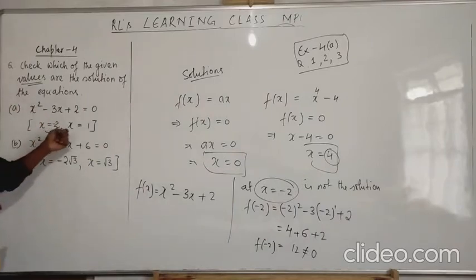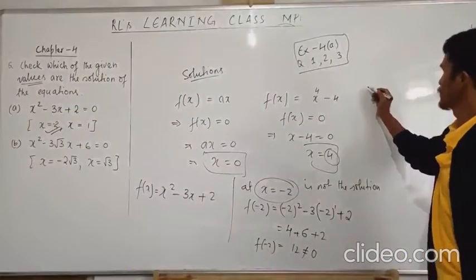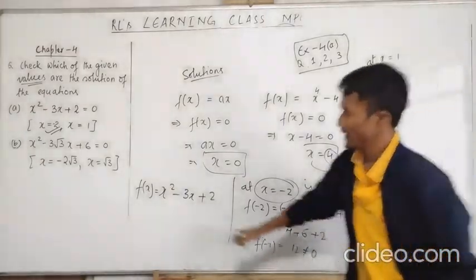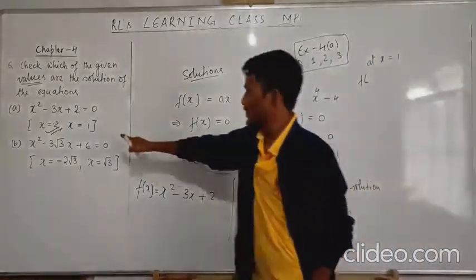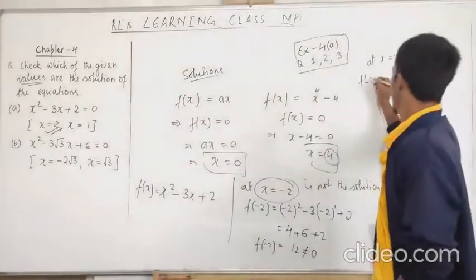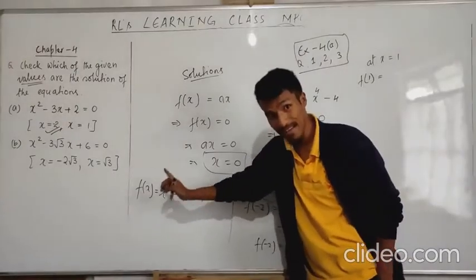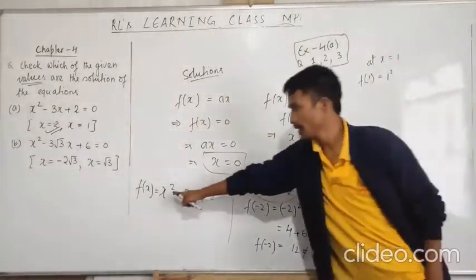Okay, let's check this x is equal to 1. Let's check. Then f of how much? F of 1. Now in place of this x, how much do we have to put? 1. 1 squared, because here is x squared.